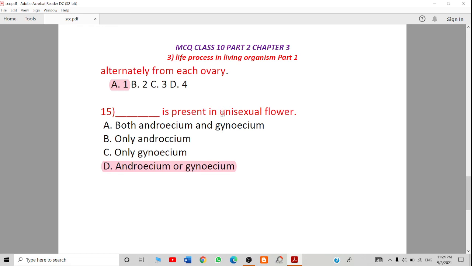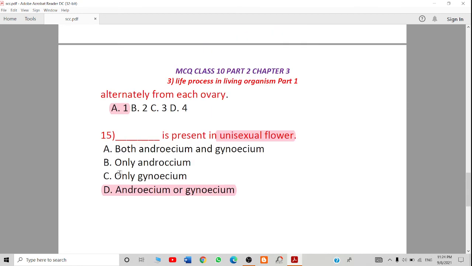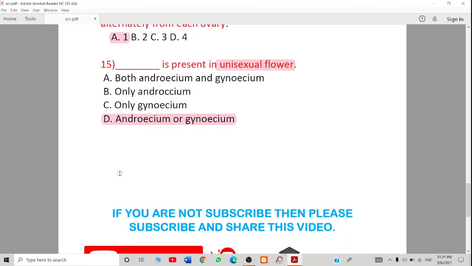The unisexual flower means a flower which contains only androecium or only gynoecium. An example is the papaya tree, a type of unisexual flower, in which only the androecium part or only the gynoecium part is present. So we can complete our 15 questions.